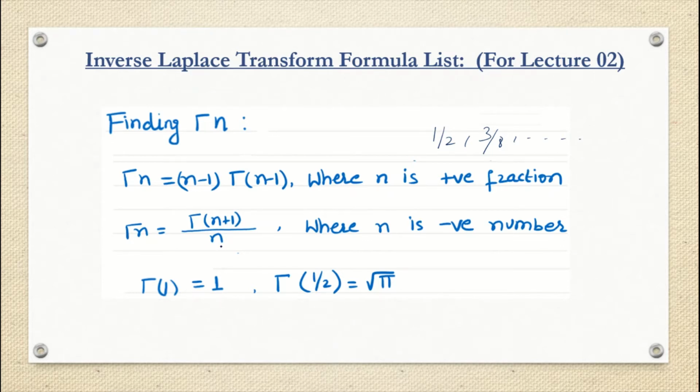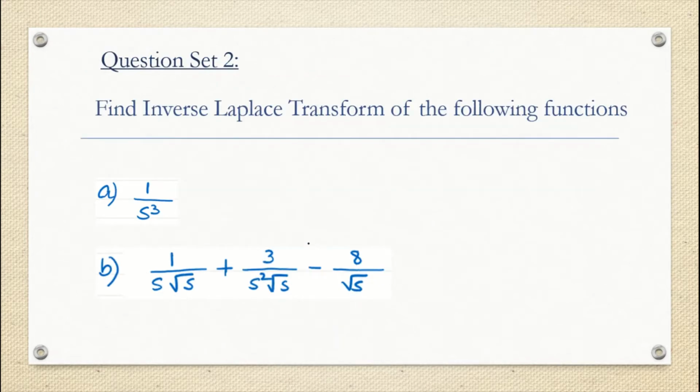This formula is useful when n is a negative number, which could be an integer, a fraction or anything. And these two ready-made values we have: gamma 1 is 1 and gamma half gives us root pi.